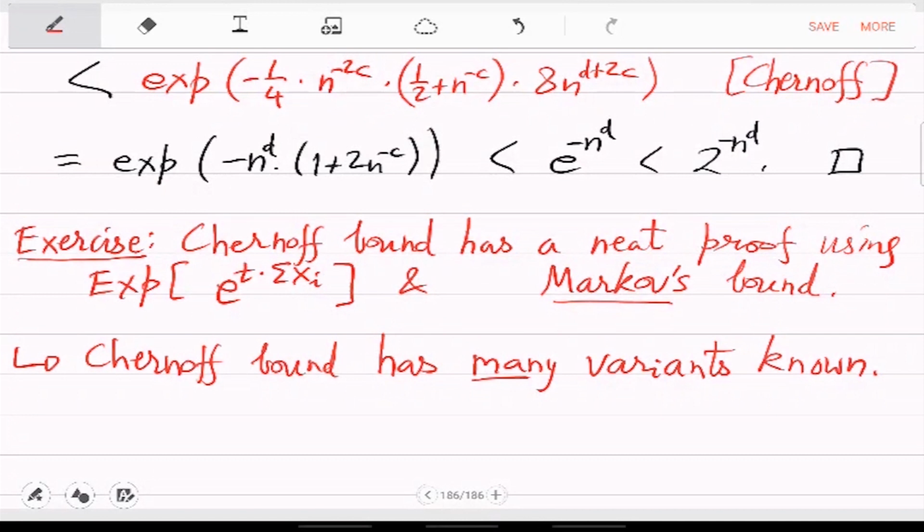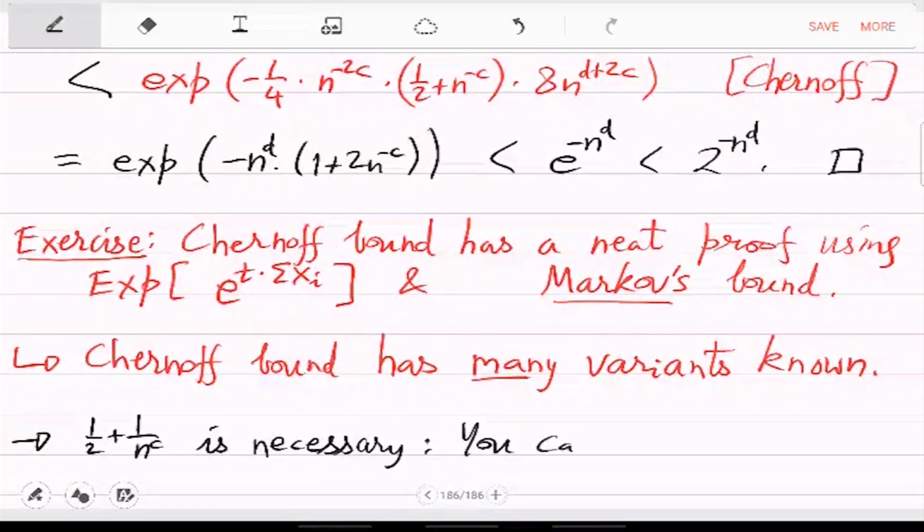And notice that this half plus 1 by n to the c is necessary. You cannot do this with PP. You can't amplify PP algorithms.